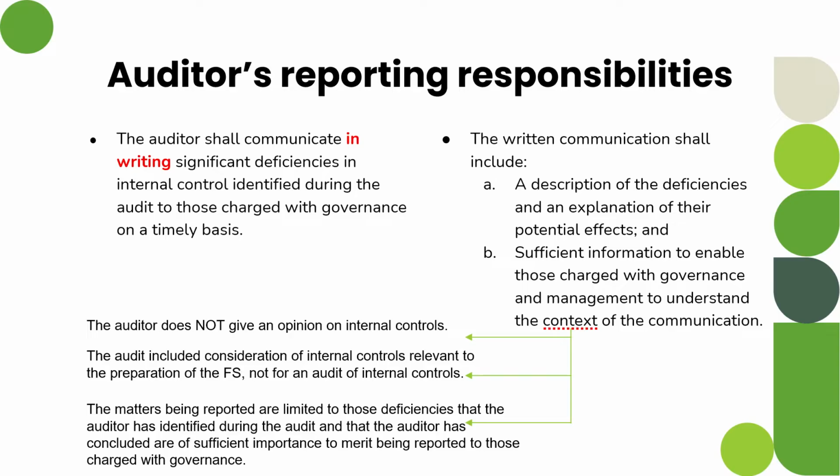The gauge by which we decide to report is still our professional judgment. We have limited our communication to those deficiencies that we believe, based on our professional judgment, need to be reported to those charged with governance. Again, management has to understand this clearly so as to avoid any confusion with regards to our reporting responsibilities.